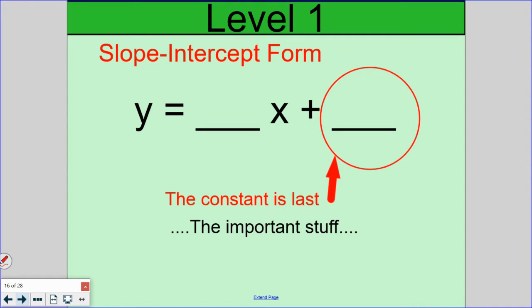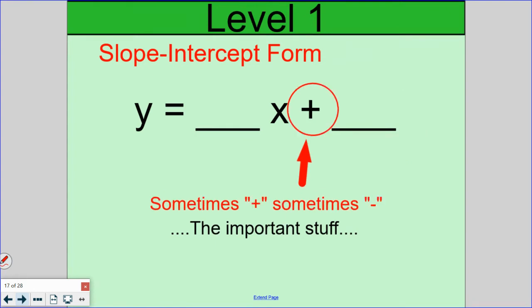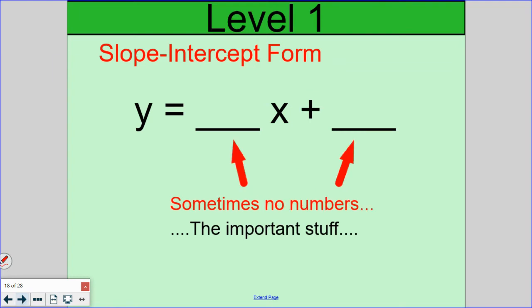And this is the y-intercept. This is a constant number. It's not multiplied by anything. And it comes at the end. It is last. All right? Sometimes we will have plus a constant at the end, and sometimes it will be a minus or subtract. Sometimes there won't be any numbers there.